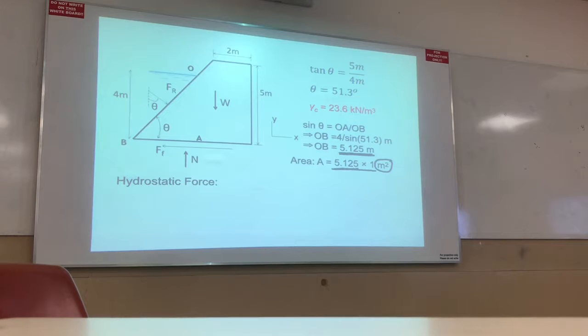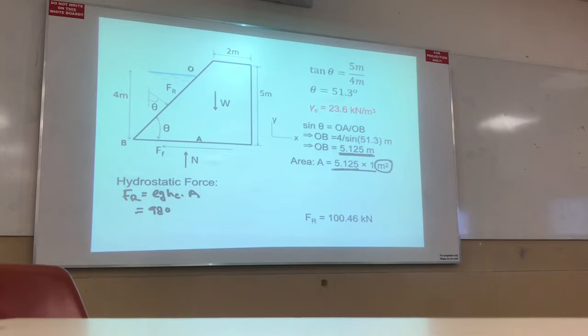So what is the value of hydrostatic force? Tell me. Hydrostatic force, I get this number. How? Fr becomes rho g hc area, right? What is rho? 9800.